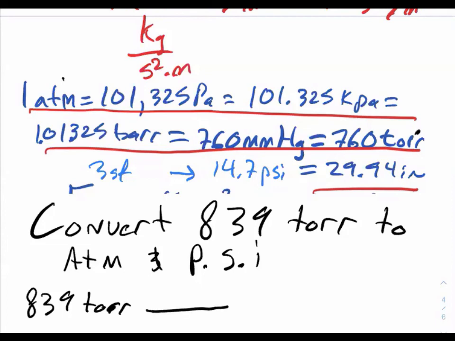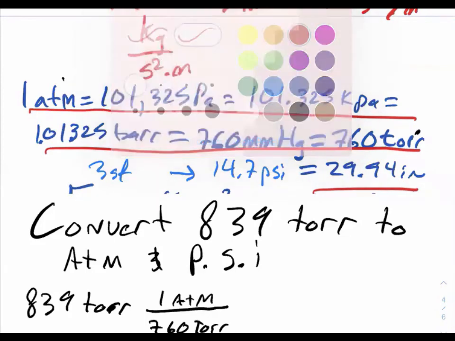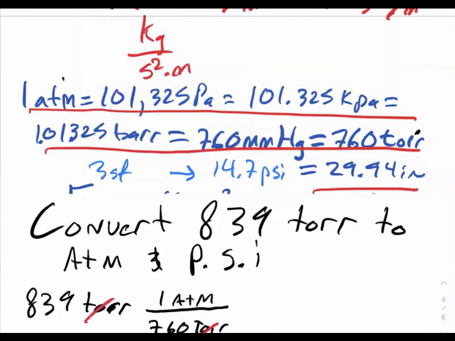I want torr to cancel, so I'm going to put it on the bottom: 760 torr, 1 atmosphere. And so the torr cancel. And then I have that. And this one's exact, so my answer should have 3 sig figs. My measurement had 3. And so that gives me 1.10 atmospheres.